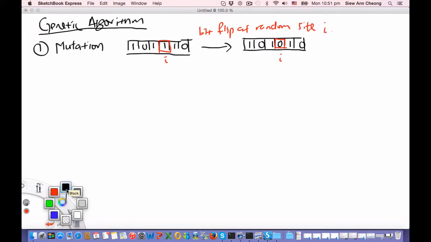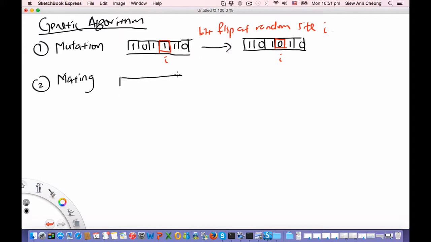Now the second process that takes place in the genetic algorithm is mating. Now instead of a single string, it involves two strings.